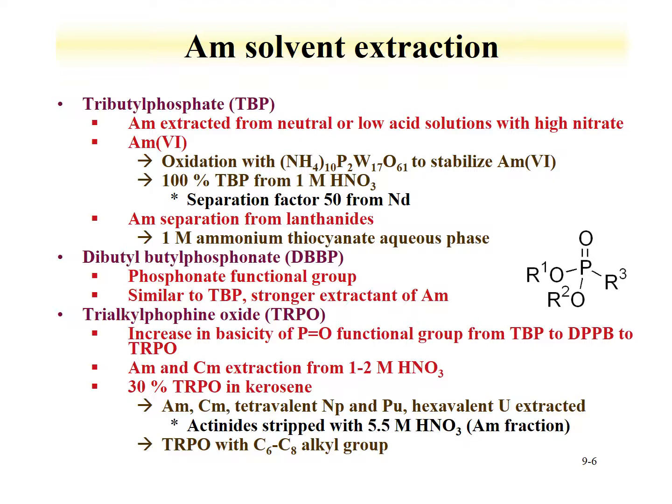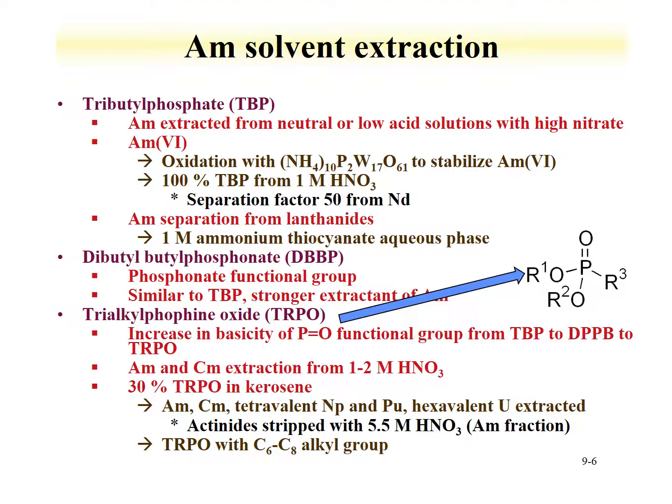Dibutyl butylphosphonate has also been used. You get the phosphonate functional group. It's similar to tributyl phosphate, so you get a functional group such as that, but a stronger extractant for americium. And the trialkyl phosphine oxides, as shown here, are also used.